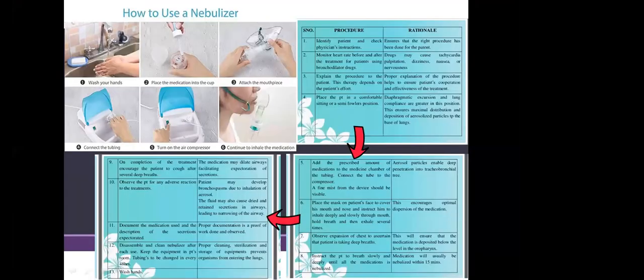Okay. Next, I'm going to share, as we already see the video, this slide is regarding how to use the nebulizer. First of all, we have to identify the patient and check the physician instruction to ensure that this is the right procedure to be done on the right patient, and then monitor the heart rate before and after the treatment for the patient using bronchodilator drug, because some of the drugs that I already mentioned just now can cause tachycardia, palpitation, nausea, and others.